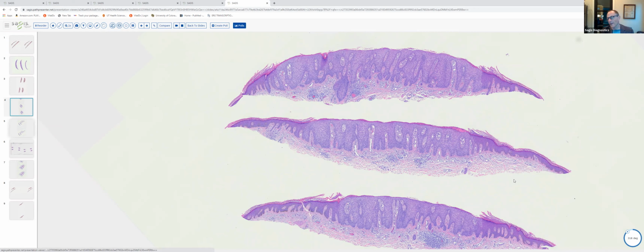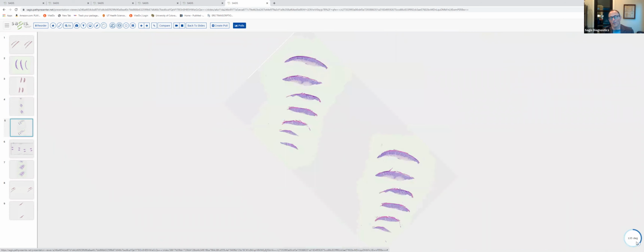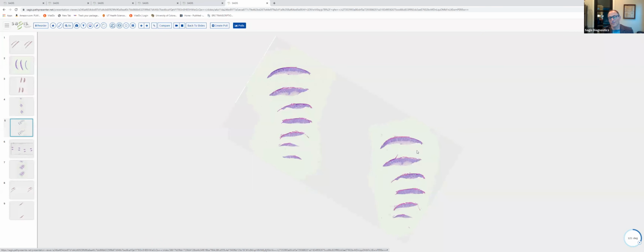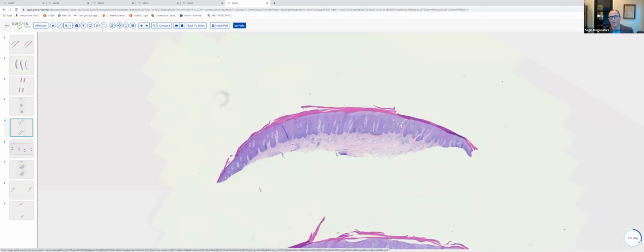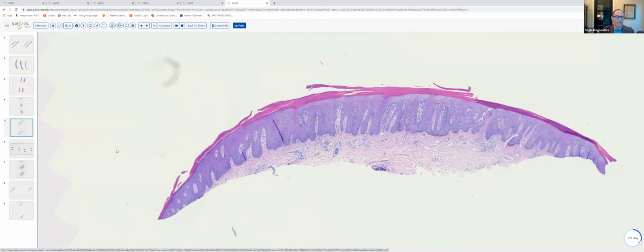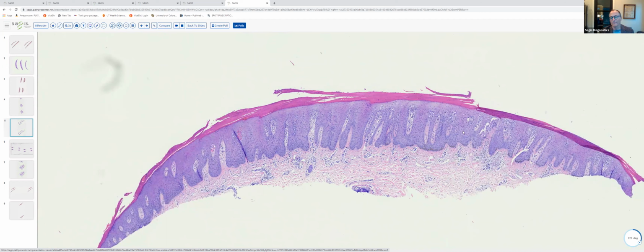So let's take a look here, and we can talk a little bit about the differences. As we move to higher power, you can see that the epidermis is clearly characterized by a very acanthotic epidermis with bulbous, uniform rete ridges.